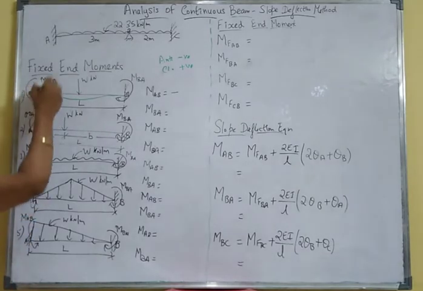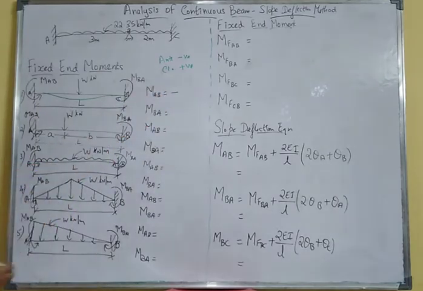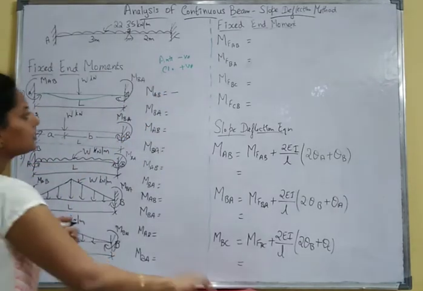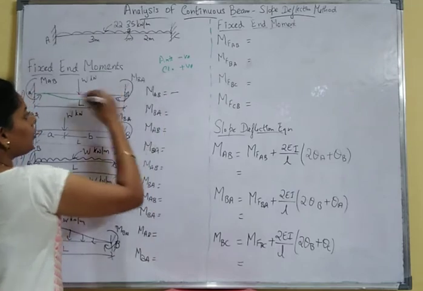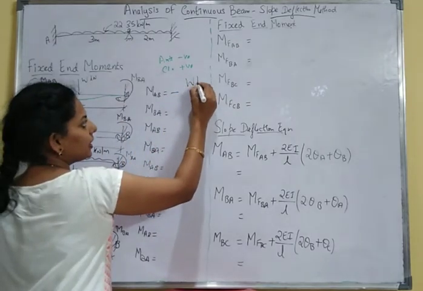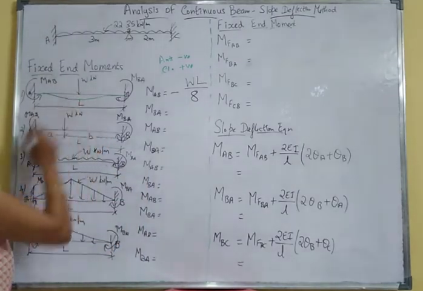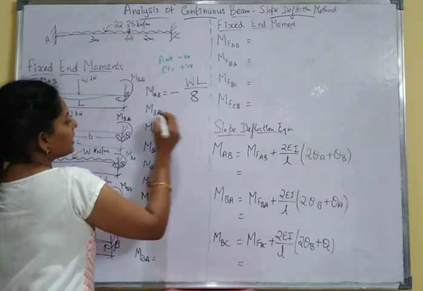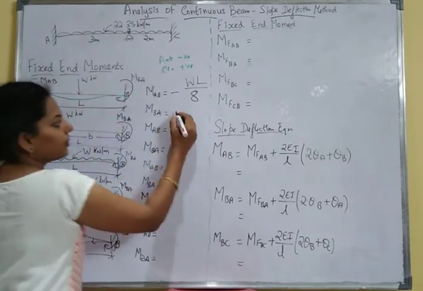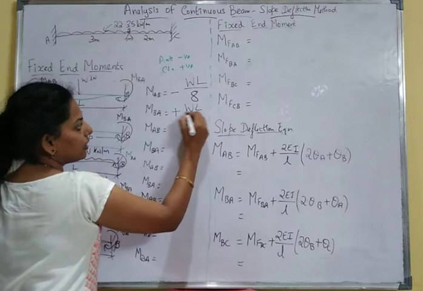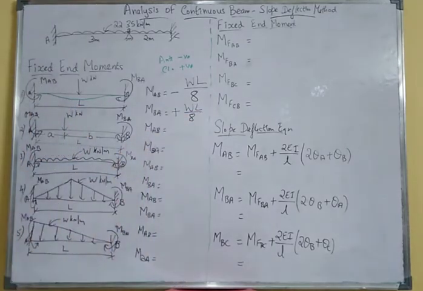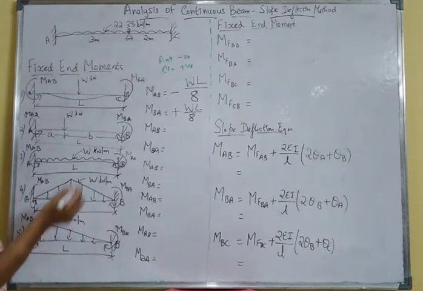Since it is anti-clockwise, MAB will be minus, and for a point load the formula is WL by 8, that is W into length divided by 8. And for MBA, it is a clockwise moment, so it will be plus WL by 8. Just see the sign: on the left hand you have minus WL by 8, and on the right hand plus WL by 8.